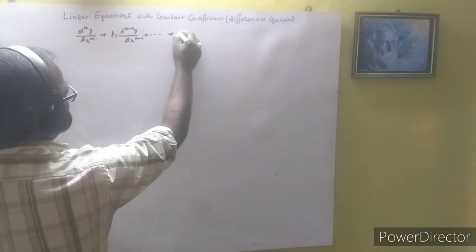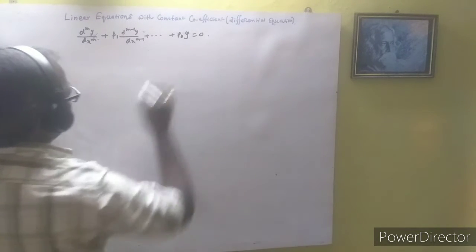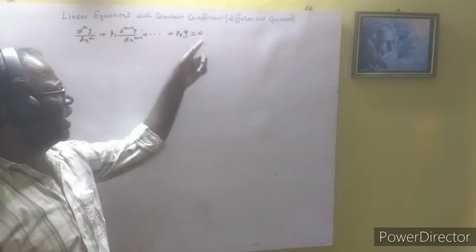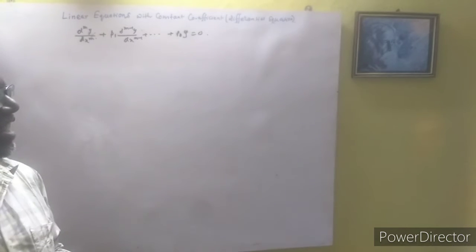Let us assume that last one is p naught, and this equals 0. This type of differential equation with constant coefficients and right hand side 0 is today's discussion.